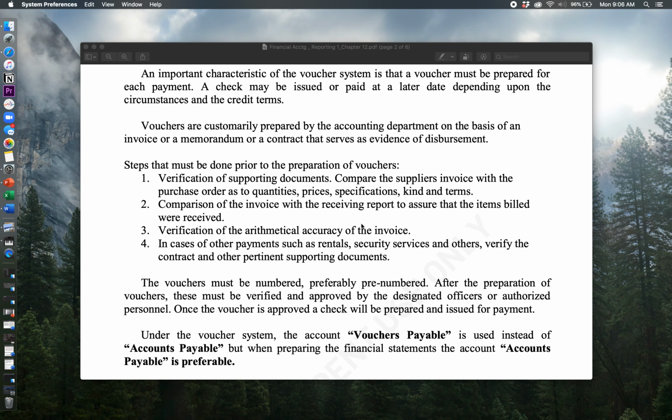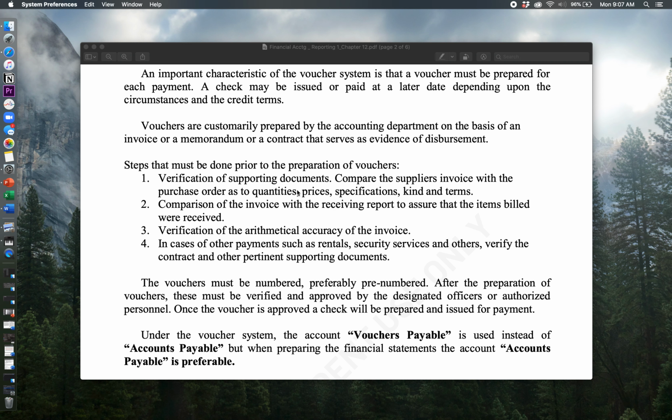So, like for example, sa amin sa hotel, mayroon kaming receiving clerk or mayroon kaming cost control supervisor. So, sila na ang check sa mga items, sa mga meats, sa mga goods na gina-receive sa hotel. Then, after that, gina-compare nila, is it pareho siya dito sa ging order sa purchase order?